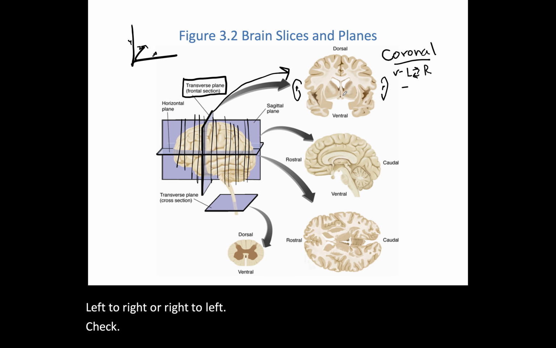You can see dorsal to ventral. Check. What you cannot see is anterior to posterior, or rostral to caudal. Okay, so that's coronal or transverse.